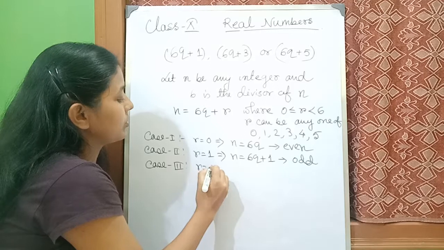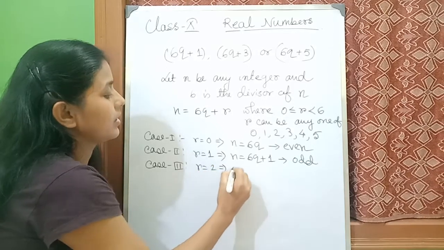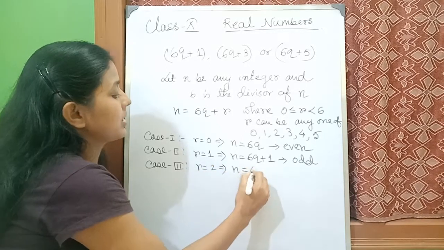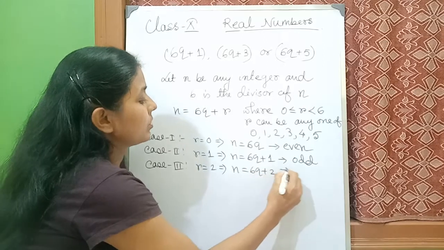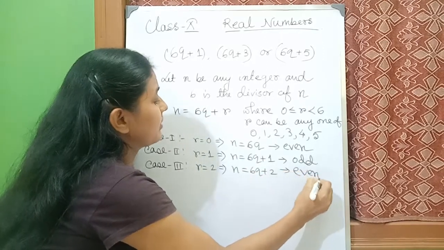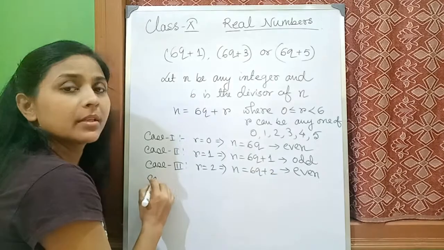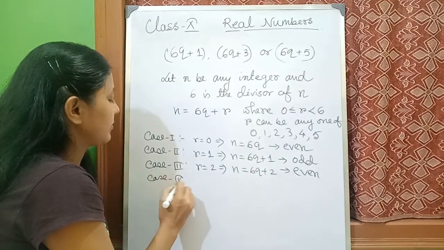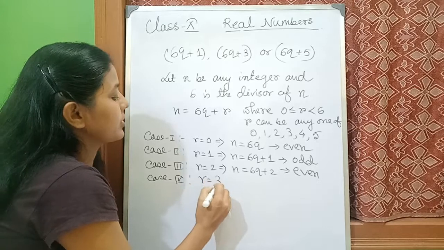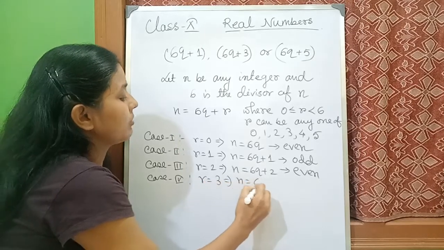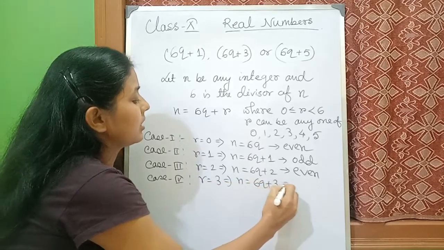Case 3. r equals 2. n equals 6q plus 2. Obviously it will be even, because even plus even. Case 4. r equals 3. n equals 6q plus 3.